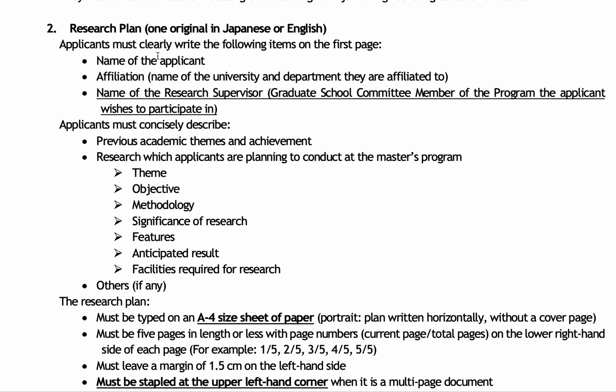I think the most difficult one is your research plan. It's also related to what kind of thesis advisor you will find. I suggest that first look at the thesis advisor you want to study from, and then look at the research field of your thesis advisor.